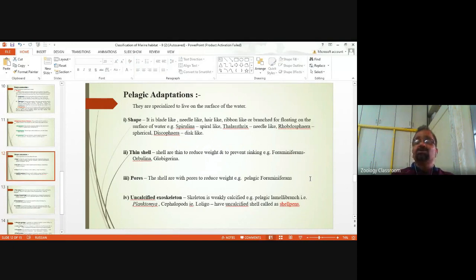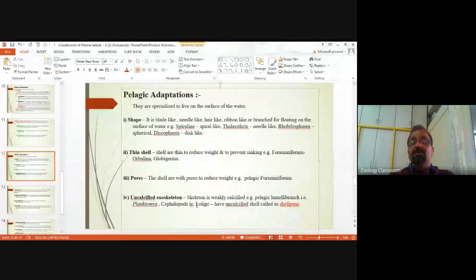Uncalcified exoskeleton. Skeleton weakly calcified. For example, pelagic lamprey, planktomaya, certain cephalopods.